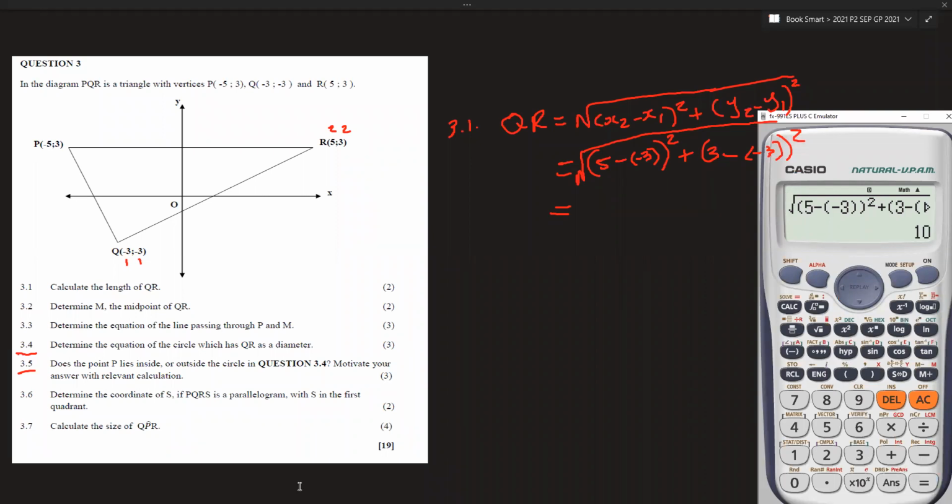Then you get your answer. So your answer is what? 10 units. So you write 10 units. Awesome. So the length of QR is 10 units.